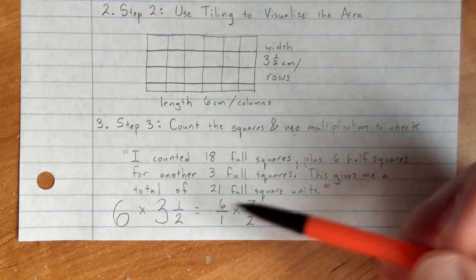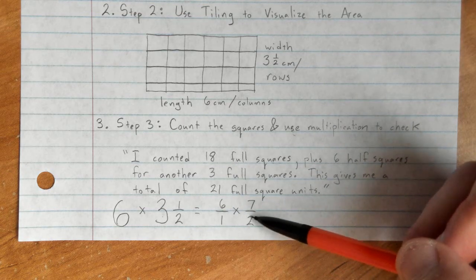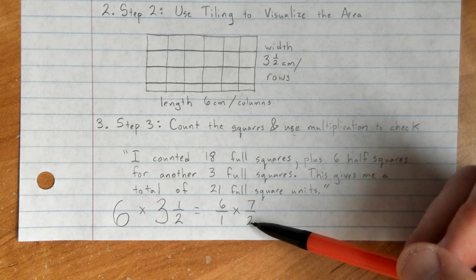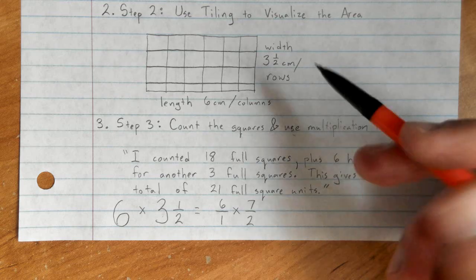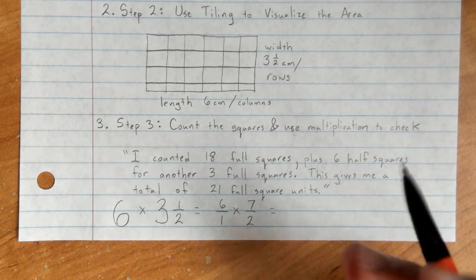We multiply these together. Now I could, not here maybe, but I could do a little cross-canceling here. Divide by 2, and I would get my answer a lot faster. But I'll do the multiplication all the way across, just as review.